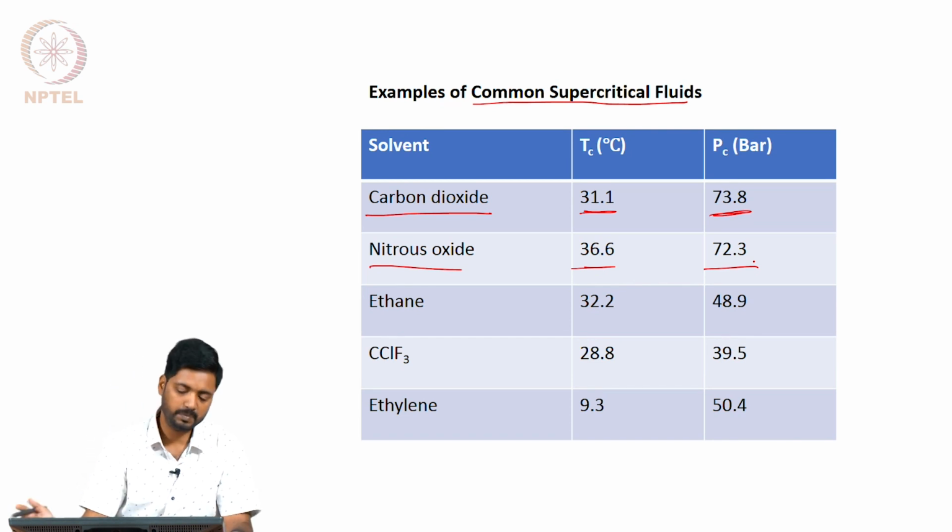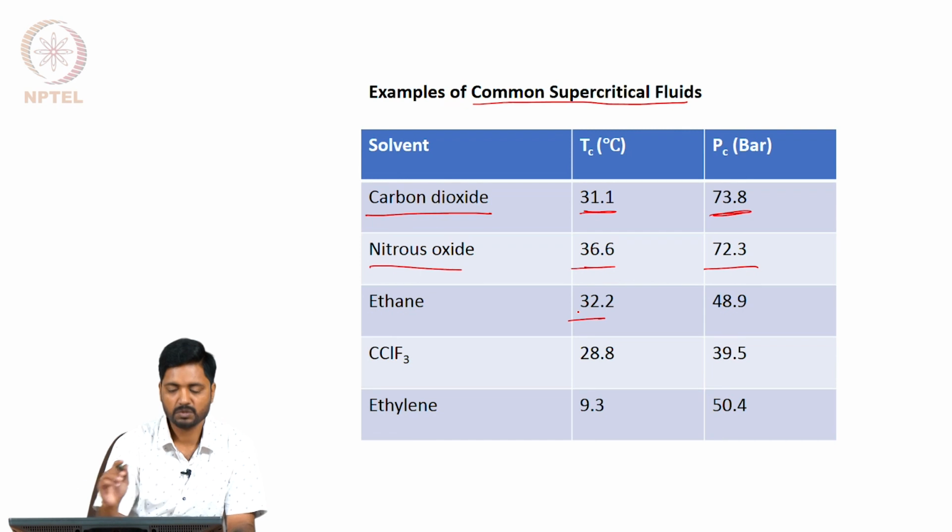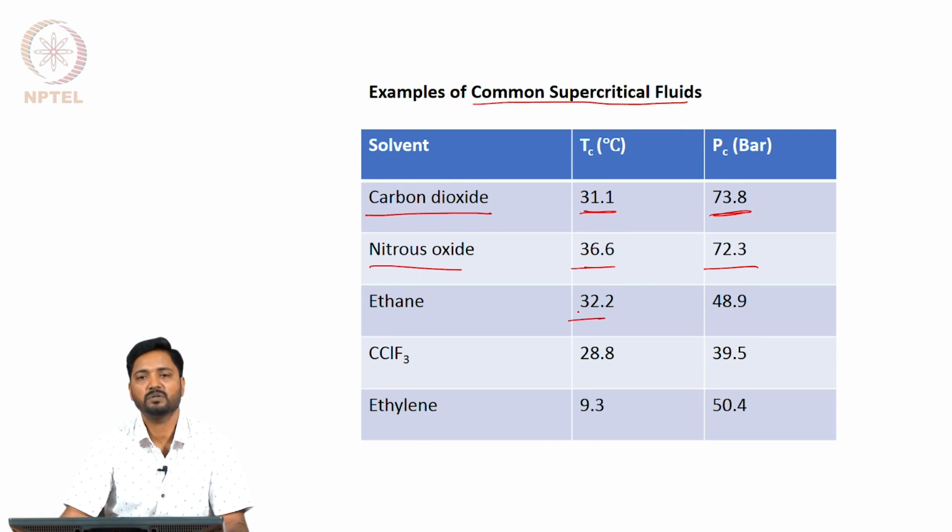Now, ethane is also a gas or a substance which can be readily converted into a supercritical phase at temperatures of about 32.2 degrees Celsius and pressures greater than 48.9 bars.